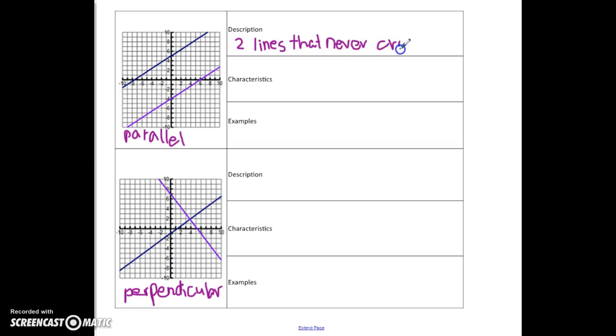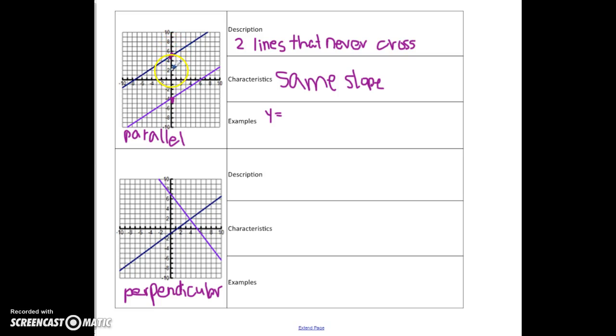And then the characteristics we need to know about them is that they have the same slope. And as an example, we can use these 2 lines. So one of those lines has a y-intercept of 5, and the other has a y-intercept of -4.